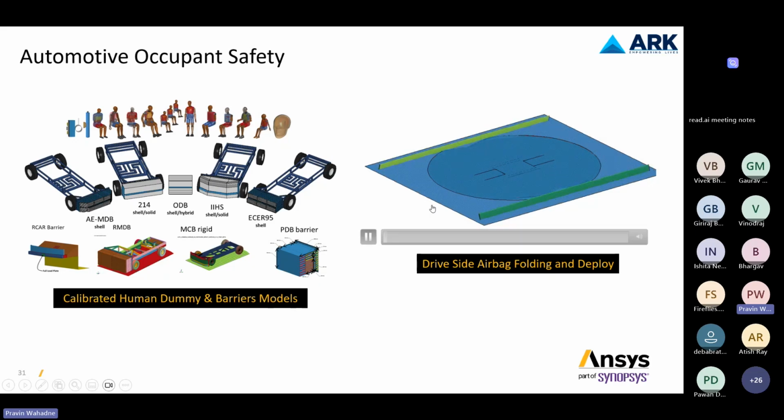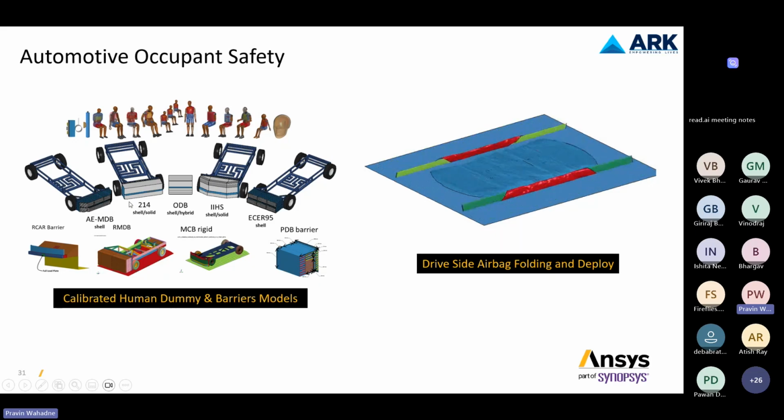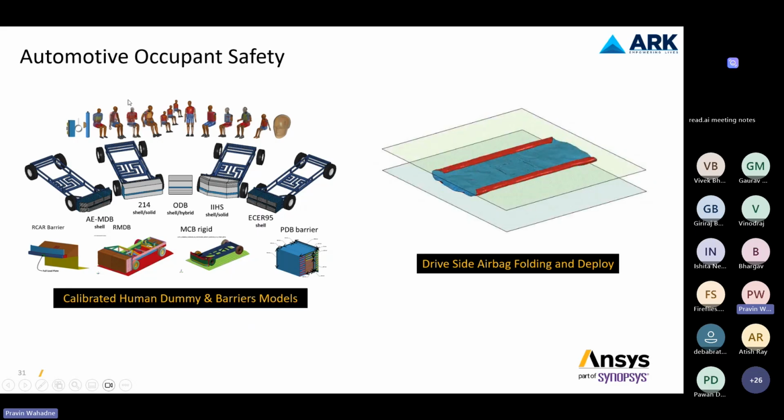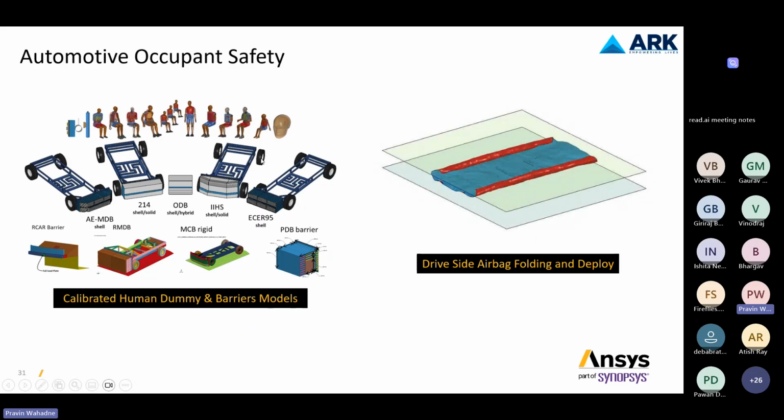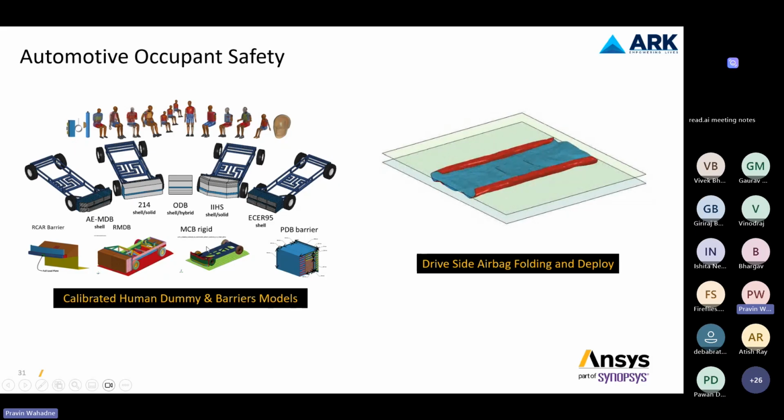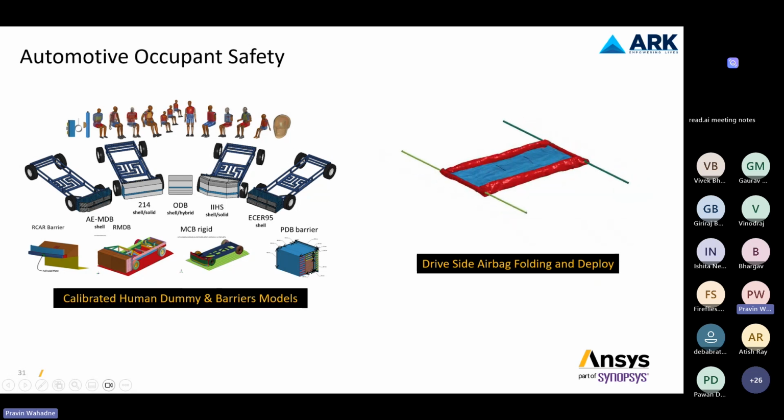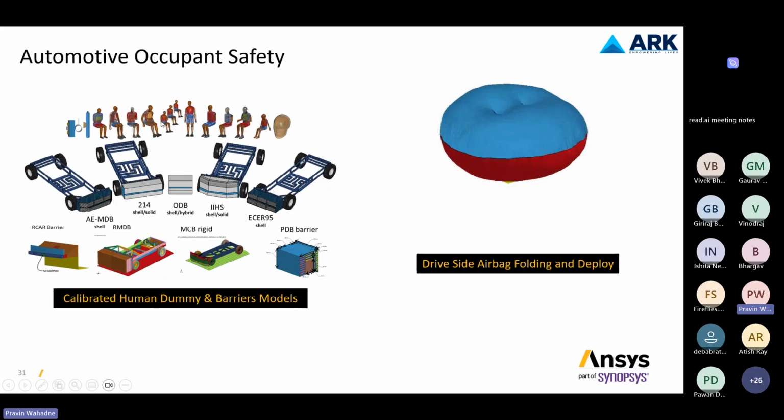In this, you can see the different barriers, impact dummy models, crash models, and the obstacles or barriers, like MCB rigid, moving body rigid, and PDB barriers. These are already there within the LS-DYNA database.